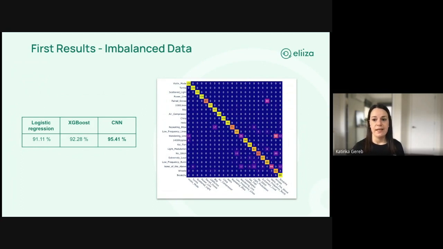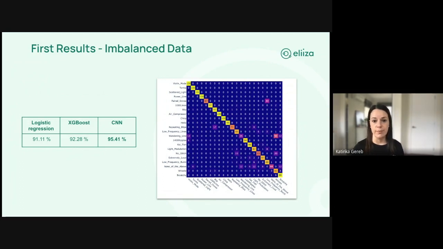So here in this table, we have the results, and you can see that we achieve a 95% prediction accuracy for the CNN. And then on the right side is our confusion matrix, showing similar results to what we have seen before, in the sense that the prediction accuracy for some of the classes are high, while the others are much worse.